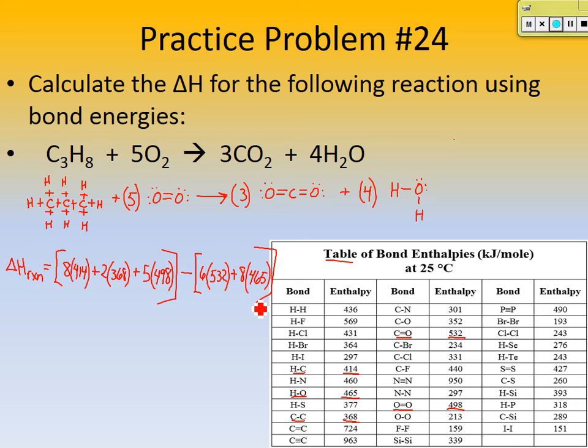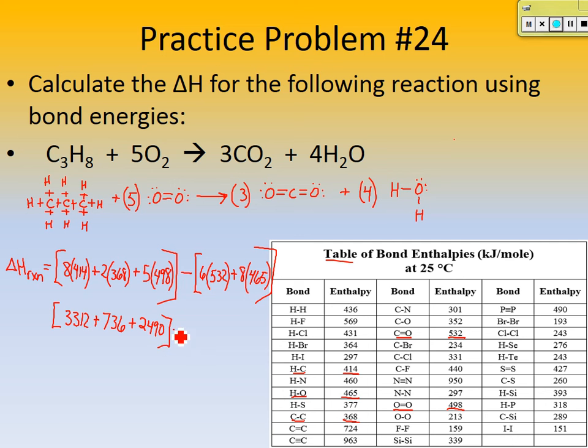Now it's a simple math problem. Okay, let's go through and simplify it. Go slow at this step, guys. 8 times 414 is 3312 plus 2 times 368 is 736 plus 5 times 498 is 2490.